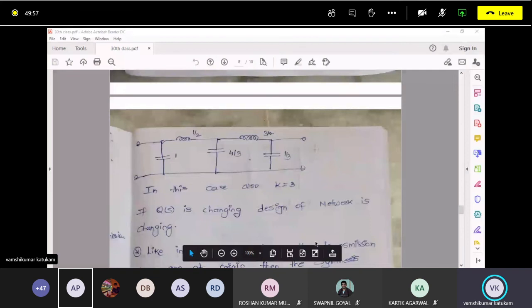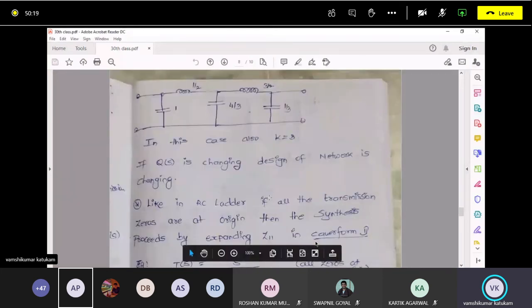That's why we don't have a particular method. The same design circuit being possible for a given transfer function is not possible, right? So that is the thing.